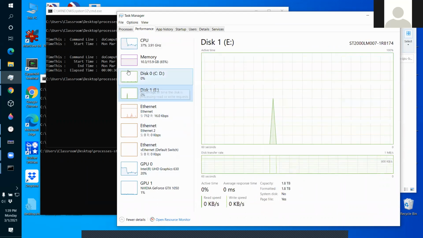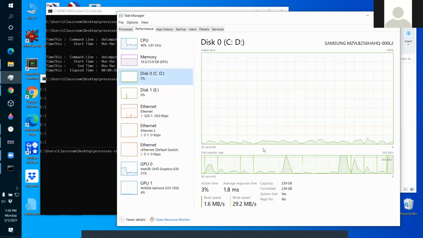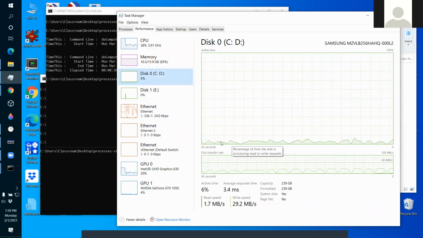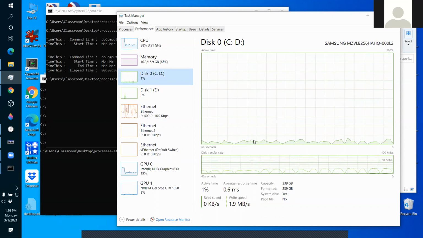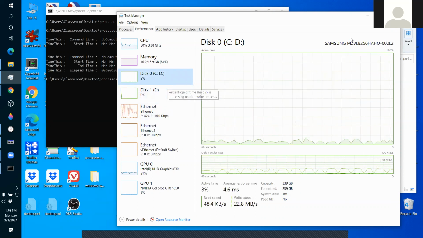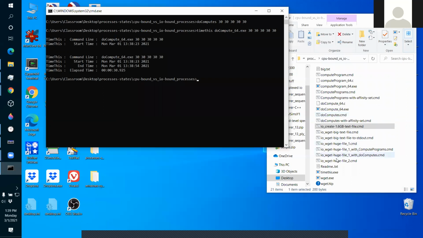There was a little bit of work on the disk drive, not much. Notice that, in fact, multiple gigabytes of activity on the disk drive, on modern disk drives, didn't even really stress the hard drive very much. That's one thing about this, it's actually hard to stress modern hard drives. But it did create this.